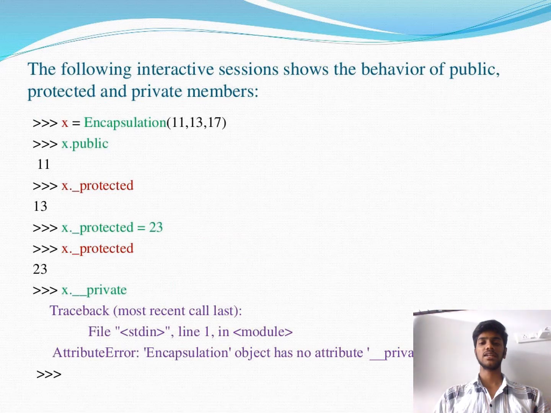The following interactive session shows the behavior of public, protected and private members. x = Encapsulation(11, 13, 17). x.public gives 11. x._protected gives 13. x._protected = 23, then x._protected gives 23. x.__private shows an attribute error because the Encapsulation object has no such attribute.